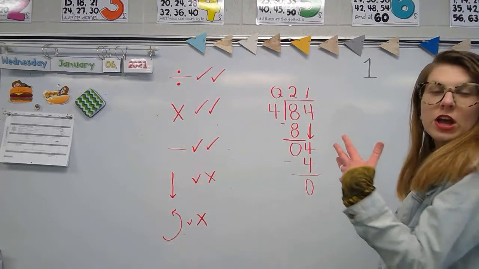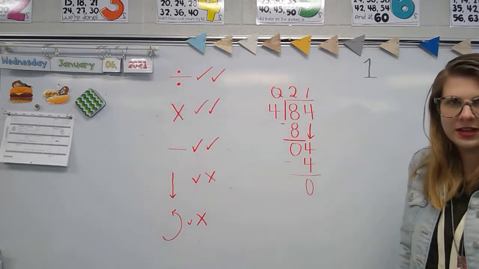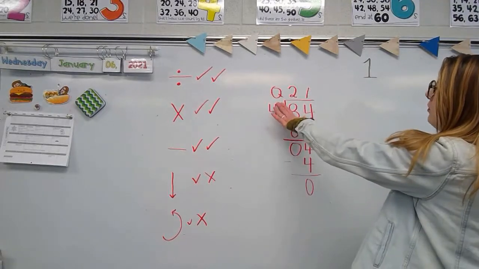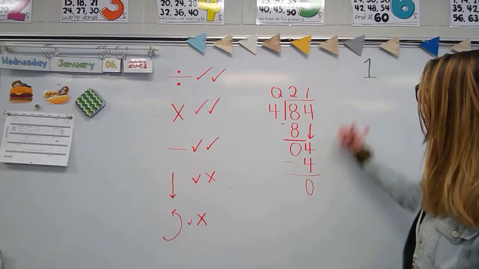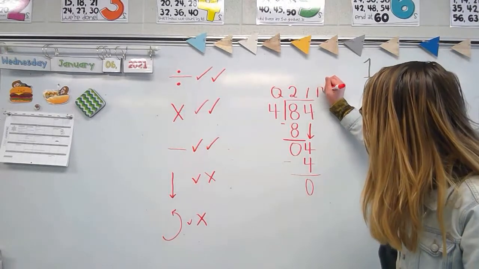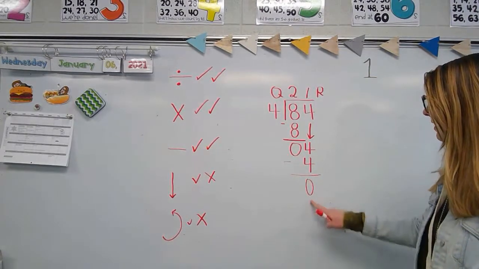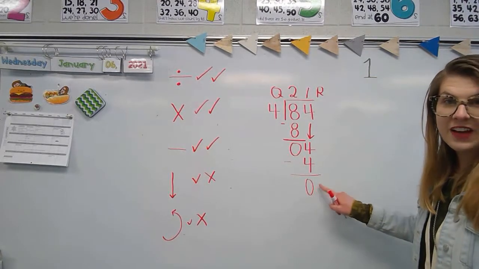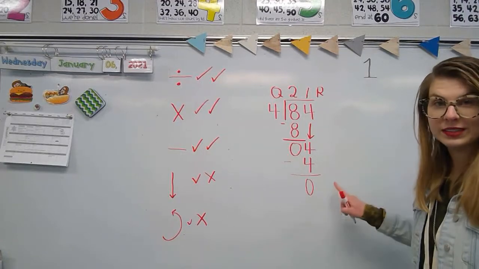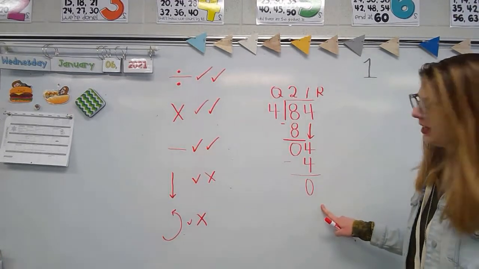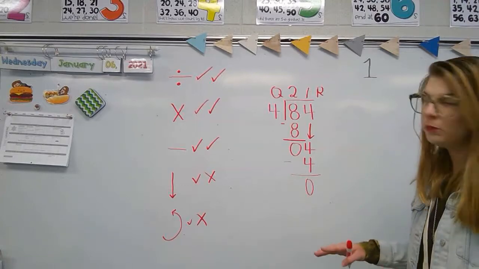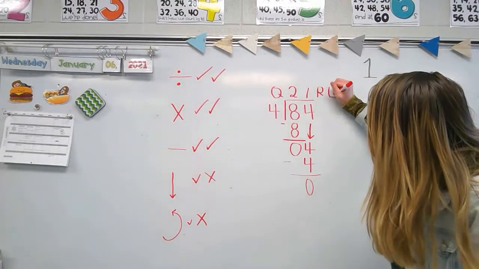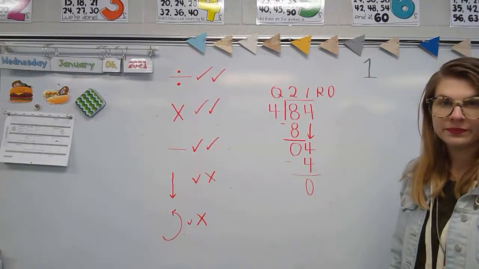It's the queen. It overlooks the whole castle. And our queen quotient is 21. Our remainder, how much is left over at the end of this, is 0. I find the remainder by looking at what was the last number subtracted. If there was nothing left over and we had totally even groups, then our remainder is 0.